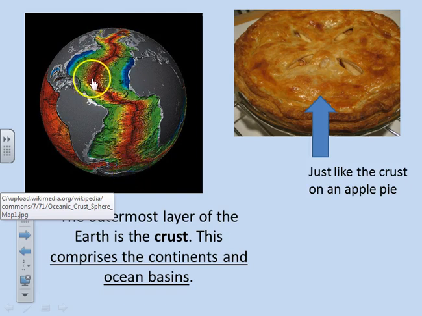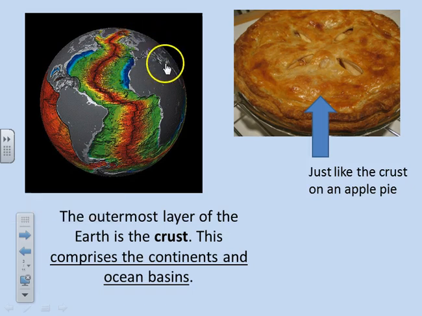This is called the Mid-Atlantic Ridge, and it's where two plates are pulling apart. And the magma is rising, and because the bottom of the ocean is very cold, it's creating new crust. So essentially, you've got an underwater mountain range being created along this mid-ocean ridge because those two plates are pulling apart.